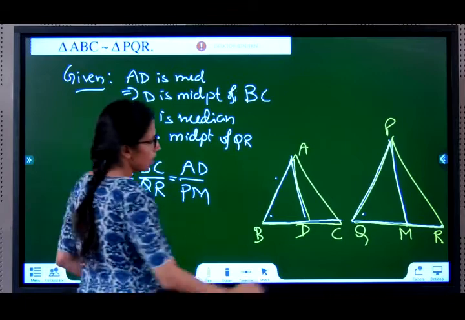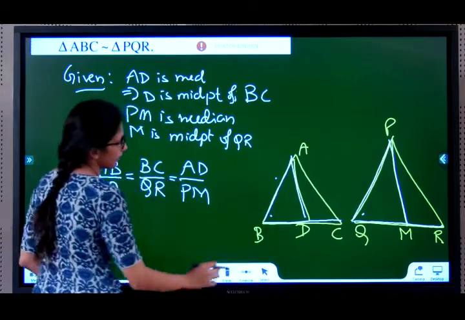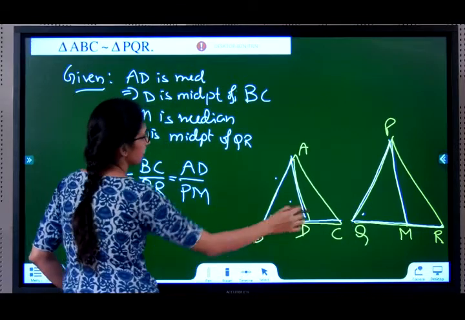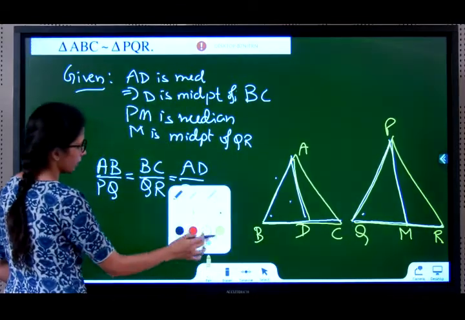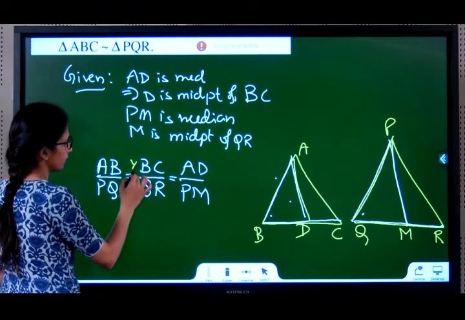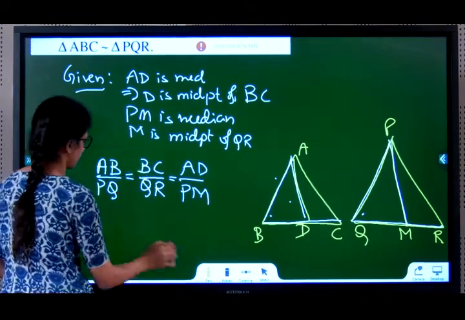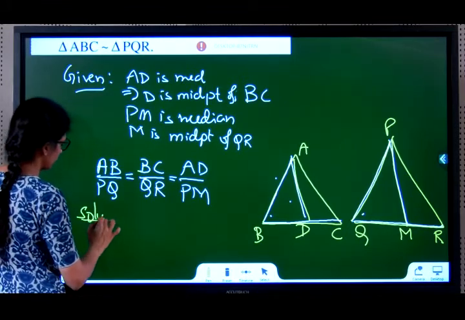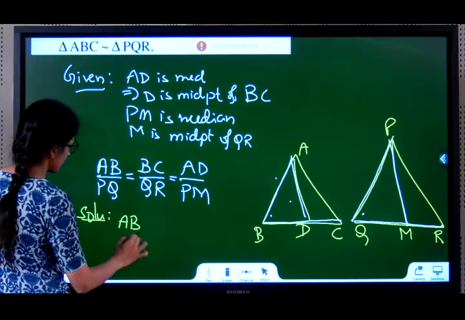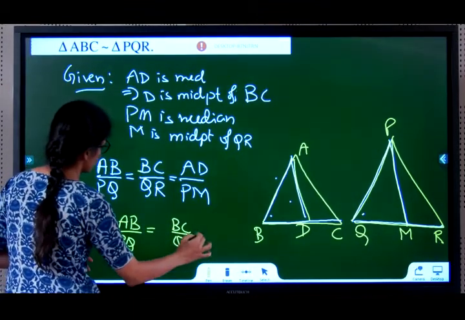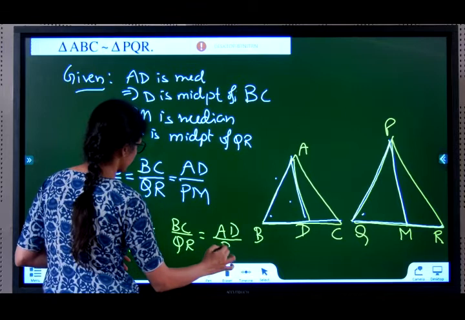So now from this I can somehow prove this triangle is similar to this triangle. How? I have BC by QR. What if I put half and half here? Okay, all this was given. Let's start the solution. In the solution, AB by PQ is equal to BC by QR is equal to AD by PM.